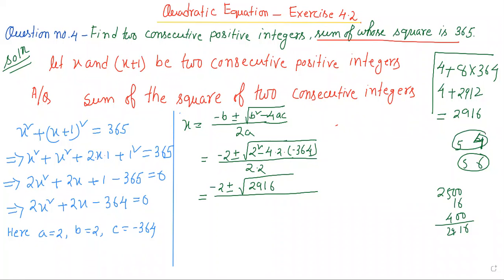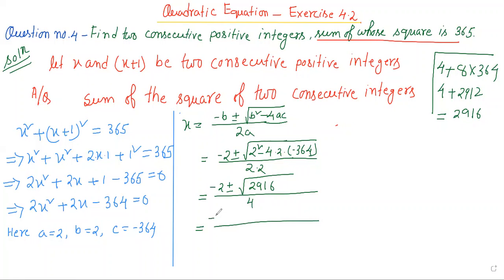Okay, so now 54 is the square root, so we can write x equal to minus 2 plus minus, sorry, now we have to erase. We just write the square root of this number. It is 54 by 4.